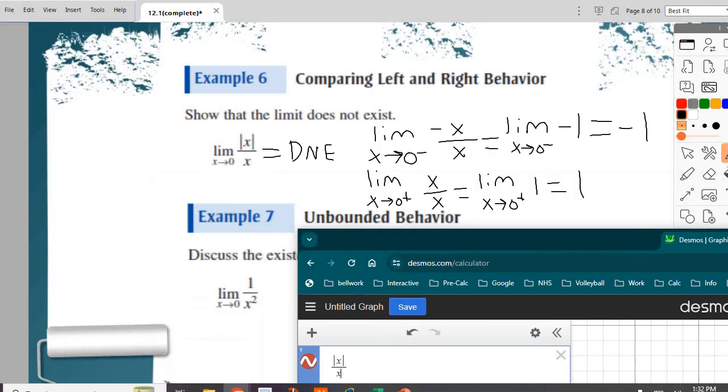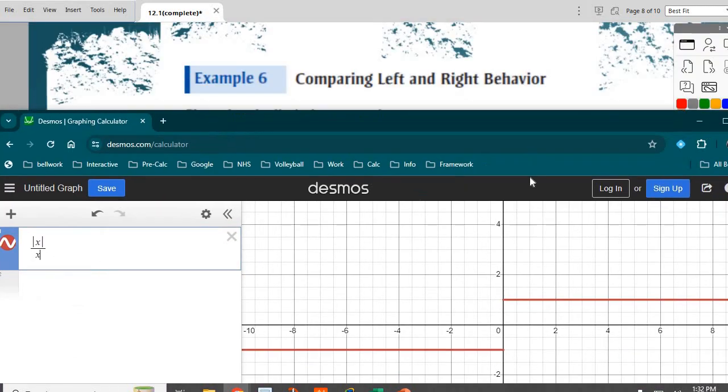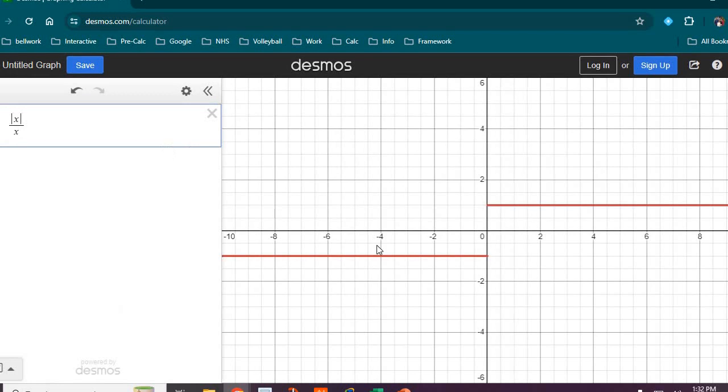So here's what our graph of this looks like. So notice that to the left, we are at -1 always. To the right, we are at 1 always. And so if I look, my two limits don't meet up, which is why it does not exist.